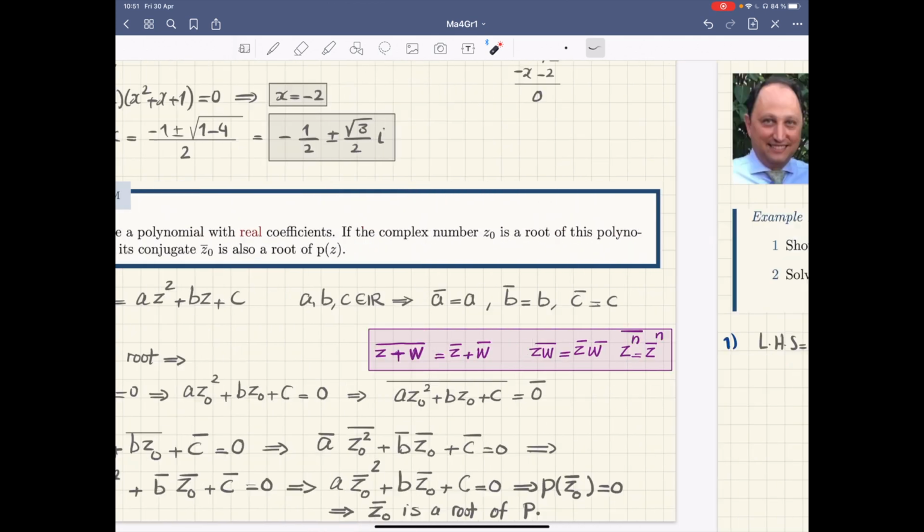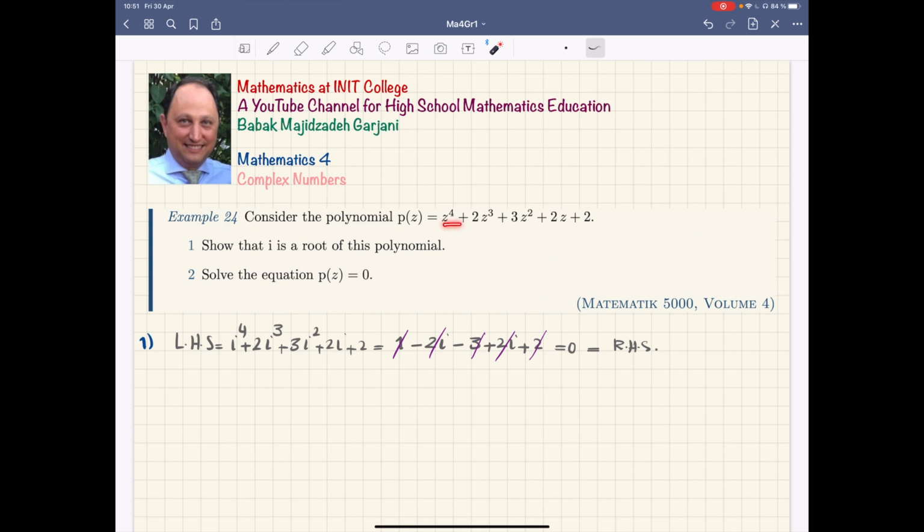So I would say that because this polynomial has real coefficients and this is a complex number, if I use the previous theorem, this is not one piece of information. It is two pieces of information. Yes, one root is i, and definitely another root is immediately known to us. What is the other root? Can you tell me immediately? It's minus i, because the conjugate of i is minus i.